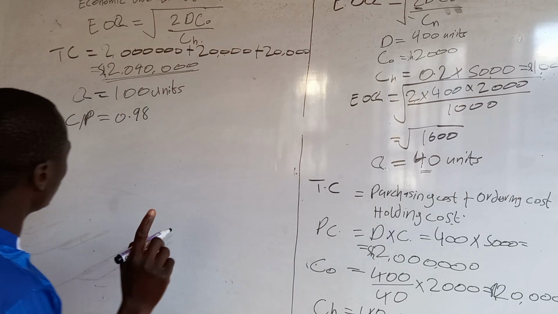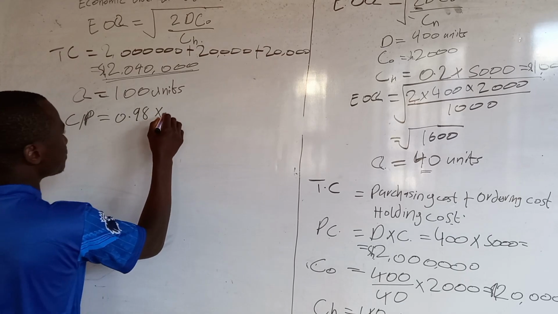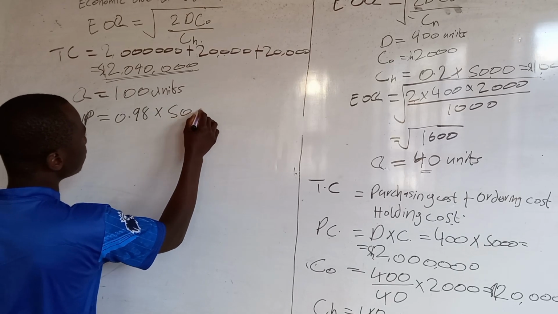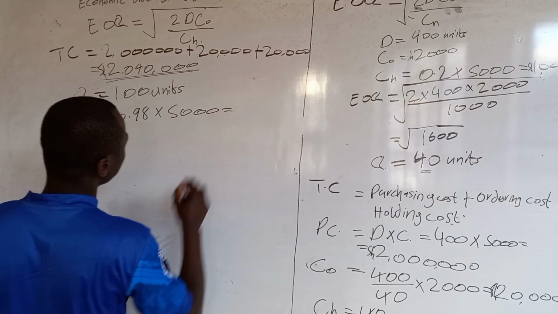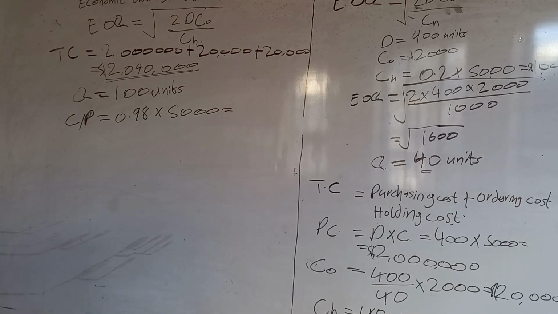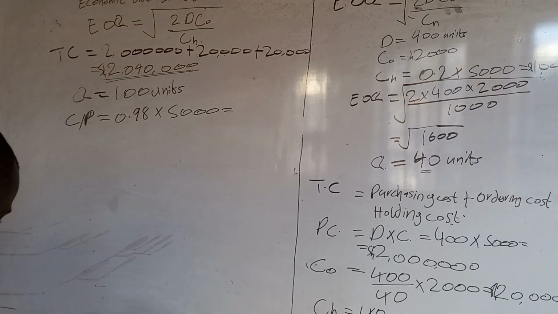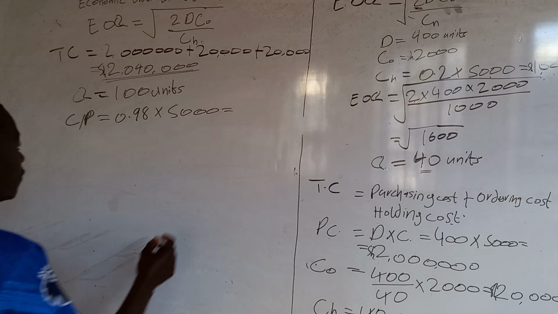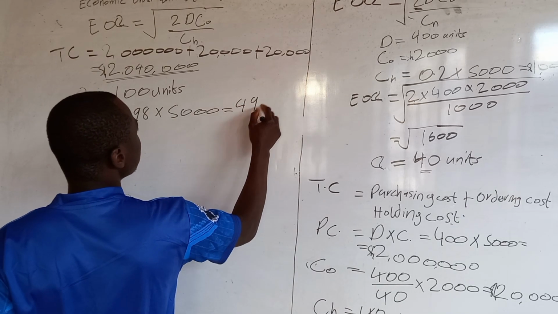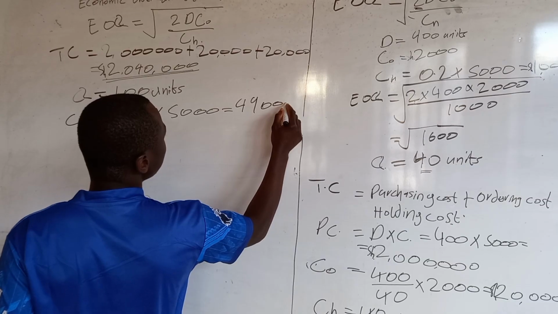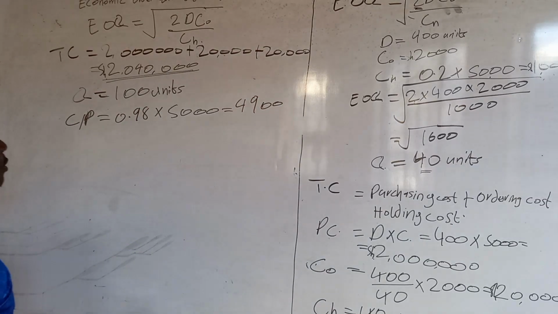Our discount was 2% times 5,000. If you do your maths, 0.98 times 5,000 is 4,900 shillings.